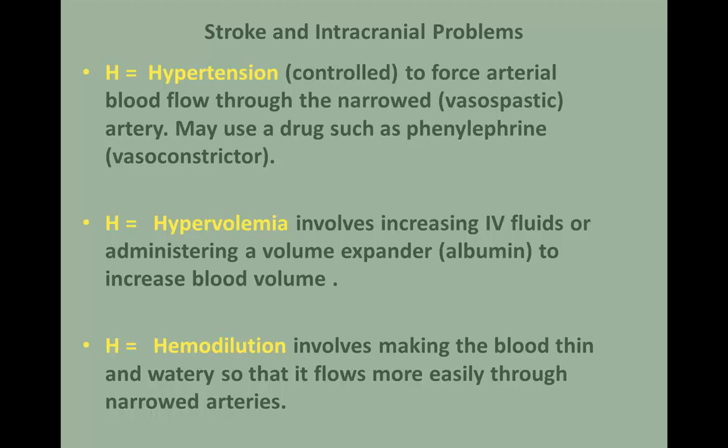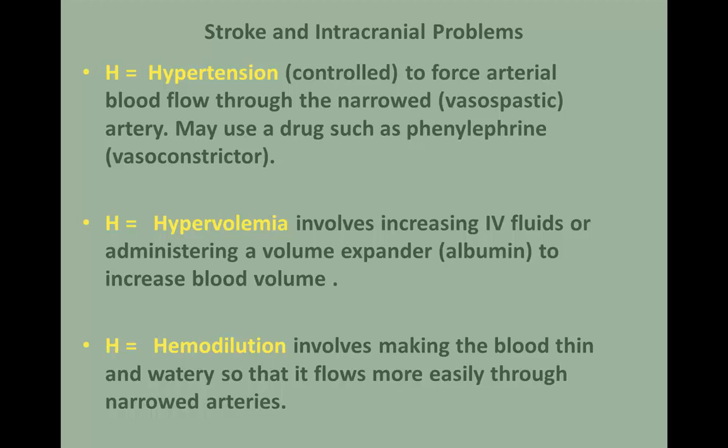Triple H is the description of three types of therapy given for patients with arterial vasospasm. First, we want to raise the blood pressure. I know that sounds counterintuitive, but you have to increase the force of blood flow because that is what's going to help blood flow through those vasospastic arteries.